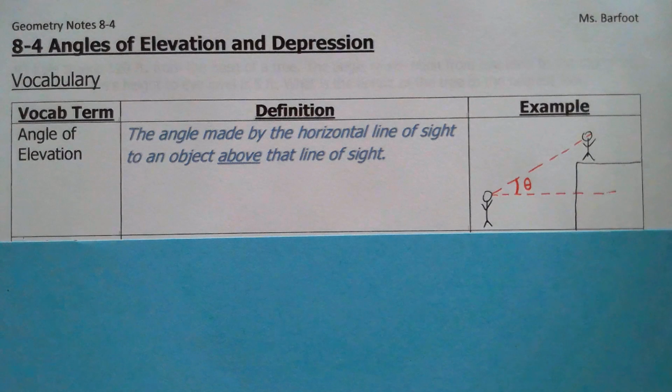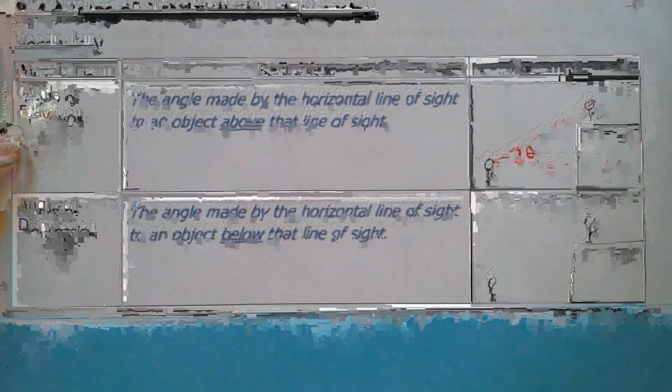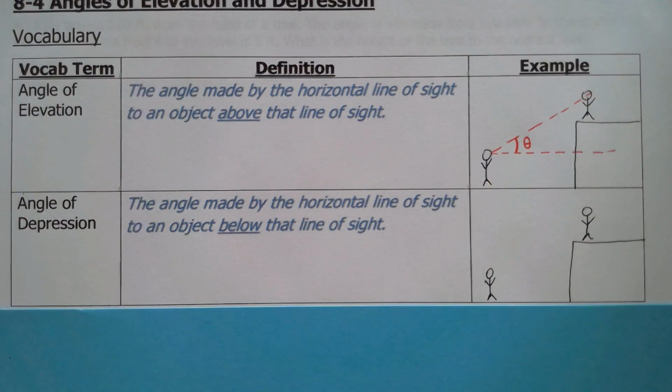Depression in math is a word that talks about something decreasing or going down. So it is an angle made by the horizontal line of sight to an object that is below that line of sight. I have the same picture of the person on ground level and the person up on the building, but depression is when you look down from your horizontal line of sight.